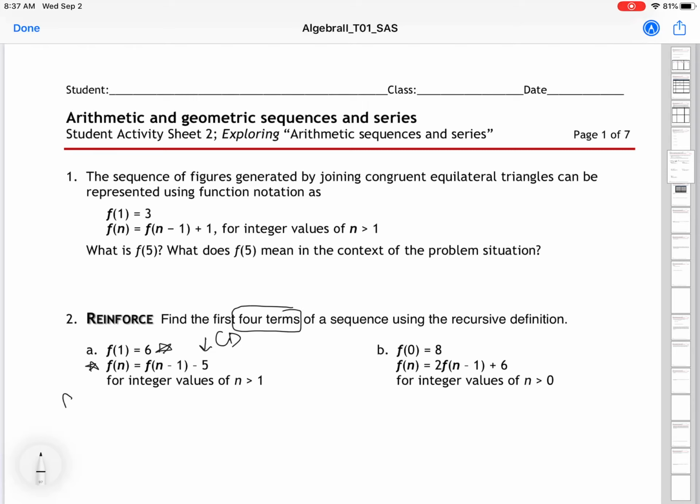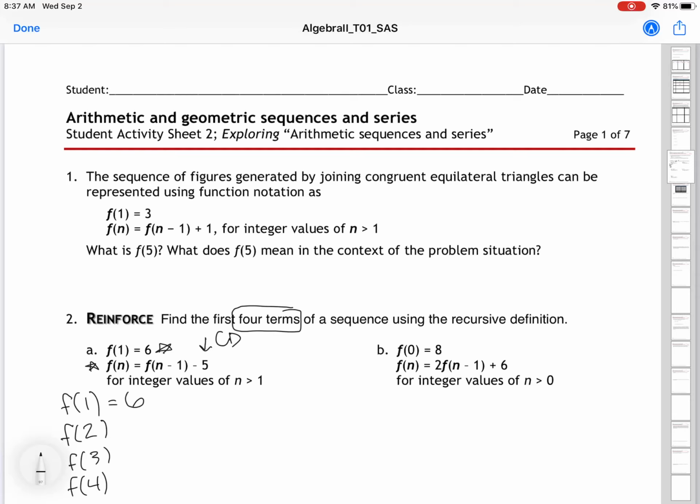We already have f of 1. Greater than 1 means bigger, obviously. So we're looking for f of 2, f of 3, and f of 4. We know f of 1 equals 6.